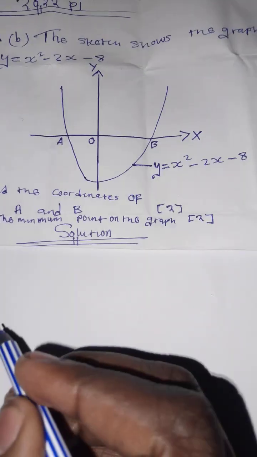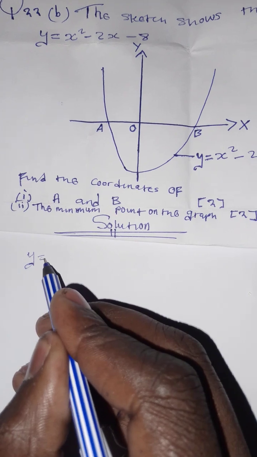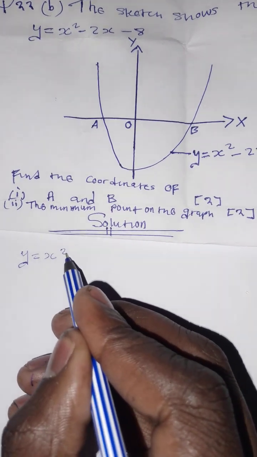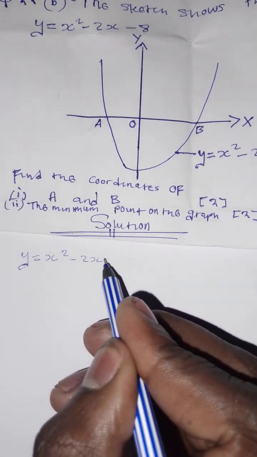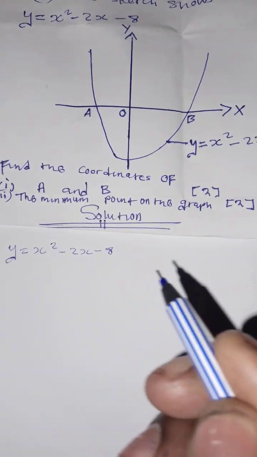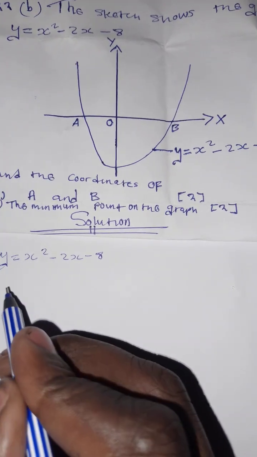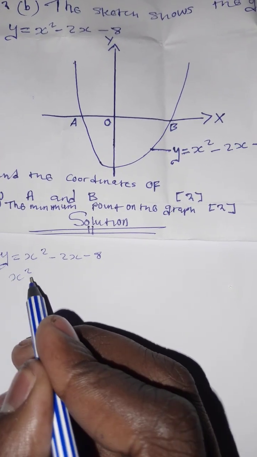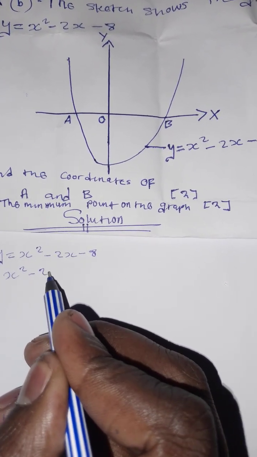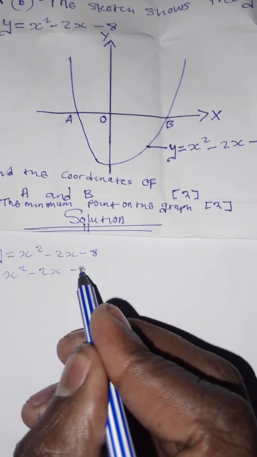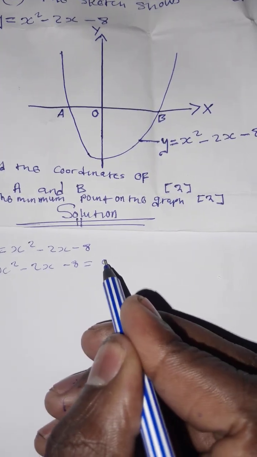So we need to use the equation of the graph which has been given. Let's write the equation, which is y = x² − 2x − 8. Then what you need to do is, where there is y, you equate it to 0. So it will be x² − 2x − 8 = 0.